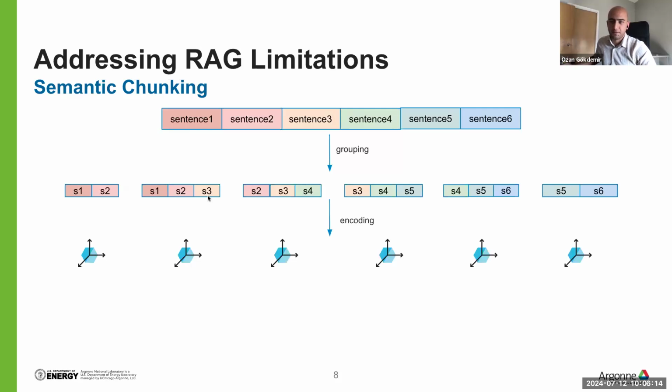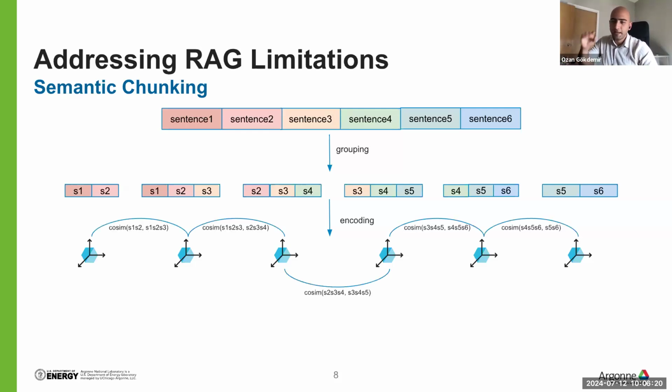You feed those buffers through an encoder to get a vector representation for them, okay? Then for each neighboring buffer encoding, you compute a distance, say cosine distance. This buffer and this buffer's distance, then this buffer and the next buffer's distance, all the way to the right.